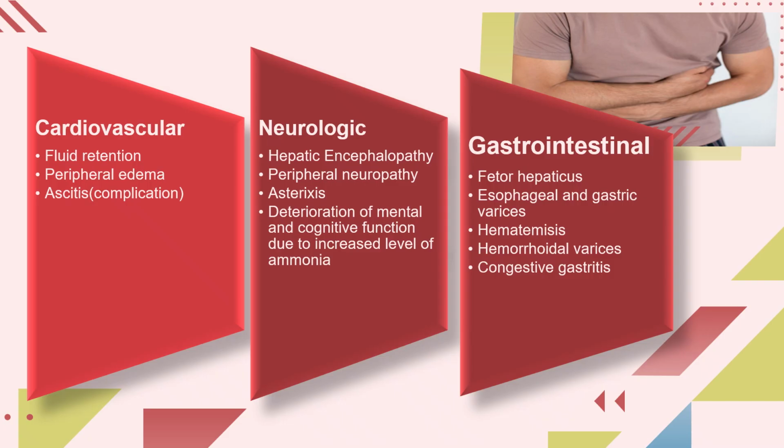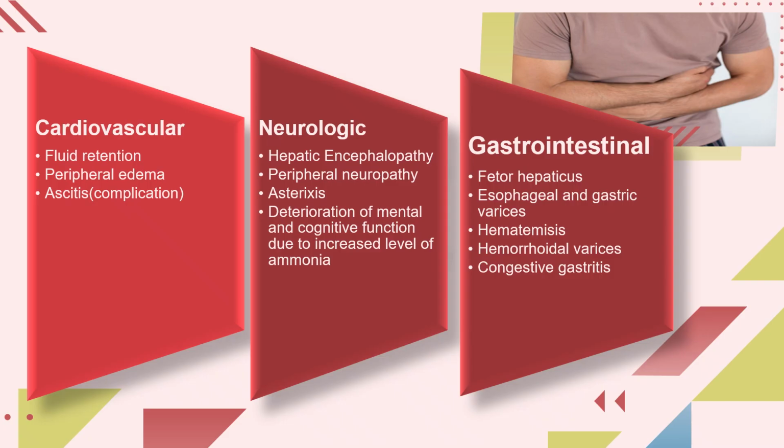Peripheral neuropathy, asterixis. Now, asterixis is also one of the classical signs of liver cirrhosis. When you hear this name asterixis, you must understand that it is related to nothing but liver cirrhosis, because these are very important questions in liver cirrhosis.